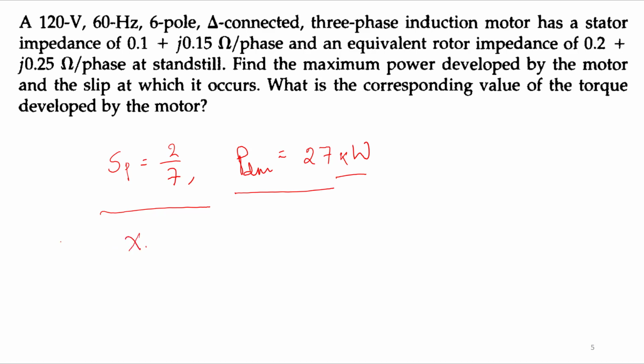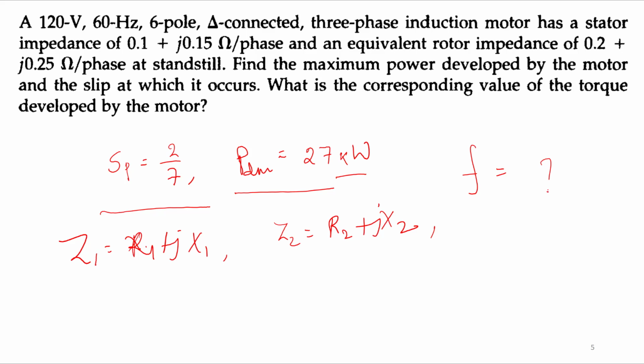So Z1, R1 plus jX1, is given, and Z2, R2 plus jX2, is given. So you need to find first the frequency, right? And the frequency is given.